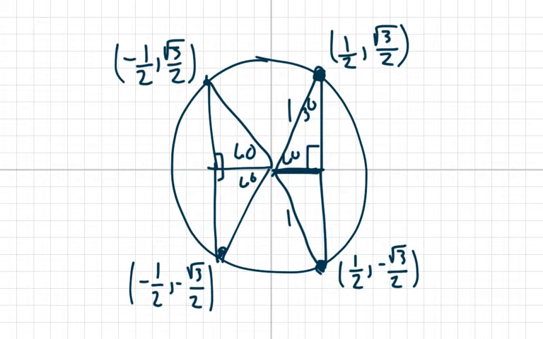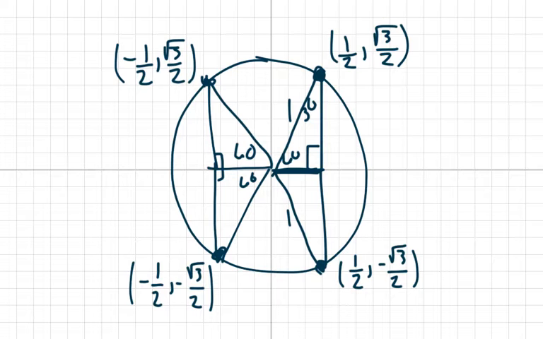Just like so. So here, all of these points form a reference angle of 60 degrees. The absolute value of the x-coordinate for all of them is 1/2. The absolute value of the y-coordinate is root 3 over 2.